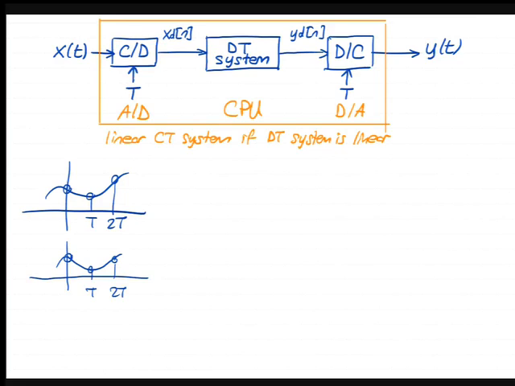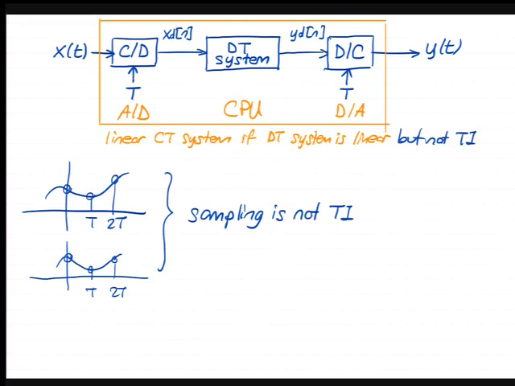So sampling, whether or not this picture is clear enough to show this, is a linear thing, but it's not time invariant. And because of that, the combined box you see in the middle is also not time invariant. All right? That's too bad.